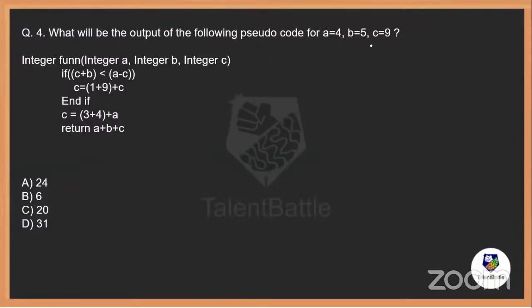The value of A, B, C is already provided. A is equals to 4, B is equals to 5, and C is equals to 9. These 3 values are already provided. So my function which is working on these parameters, A is 4, B is 5, and C is 9. First, it will check the if condition.